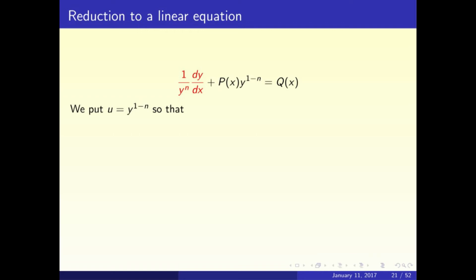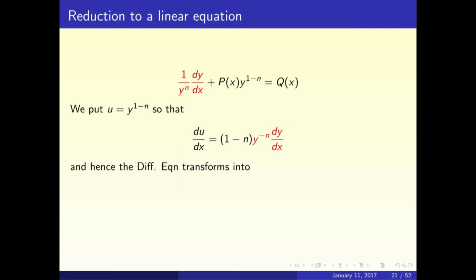Now put u equal to y to the power 1 minus n, so that du by dx equals, using the chain rule, (1 minus n) y to the power minus n into dy by dx. So you compare the two terms in red in the first displayed equation and the second displayed equation.